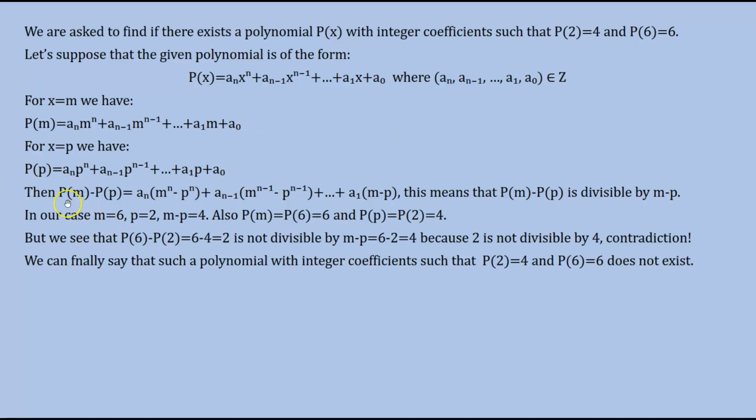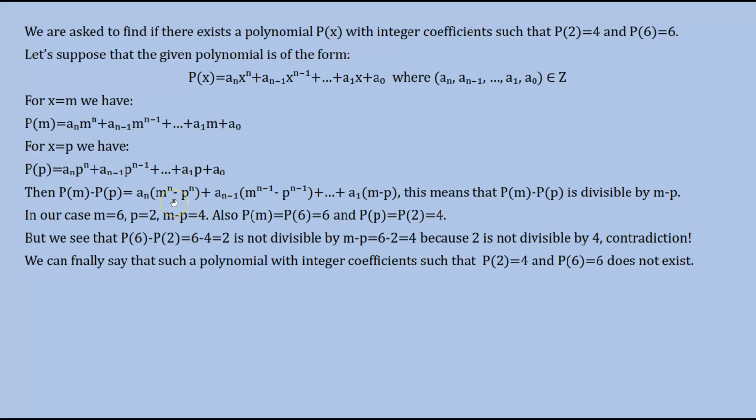So we see from this expression that if m and p are two values, then p of m minus p of p is divisible by m minus p, because all the terms on the right hand side can be factorized by m minus p.